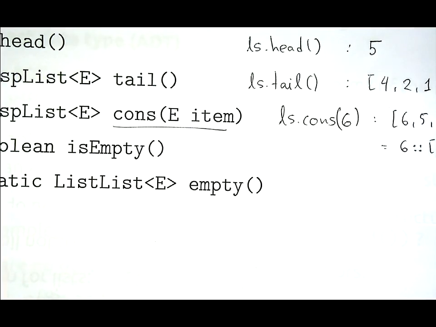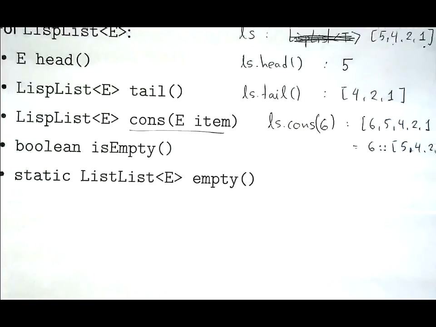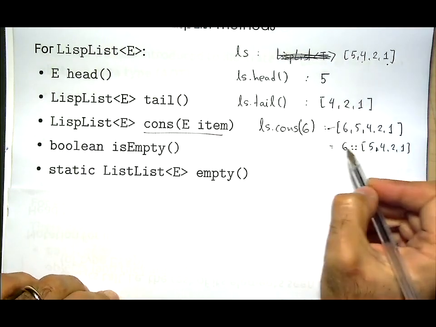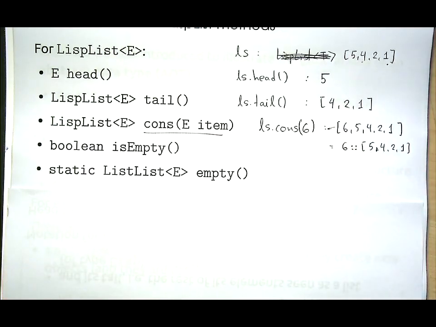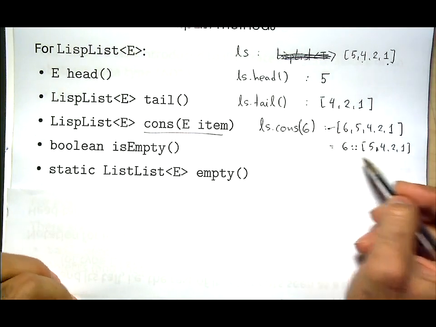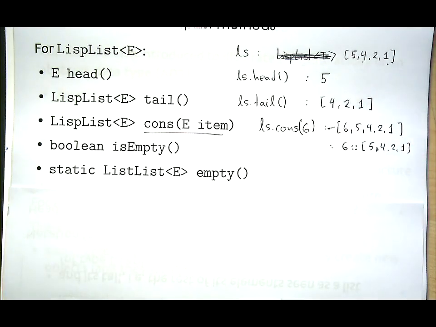So the way to build a list is by adding elements, and you can only add elements at the front. If you like, this looks a bit like the stacks we had in Automata, where you could push things to the top of the stack and then pop them from the top. It's a bit similar. So you can only introduce things at the head of the list.